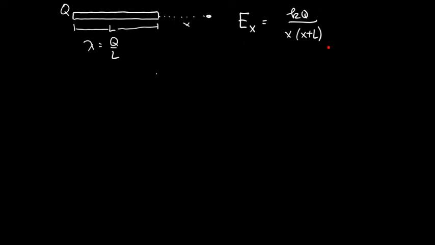I believe it's in your book. You can find the electric field is kq over x times x plus L. And remember, our goal was to get something that had kq over L squared times something that depends on x, some sort of function of x over L, like we had before.